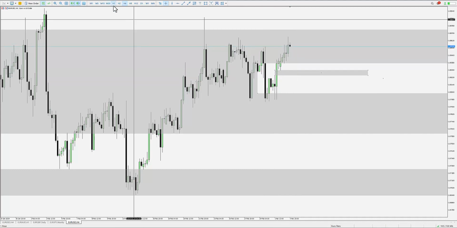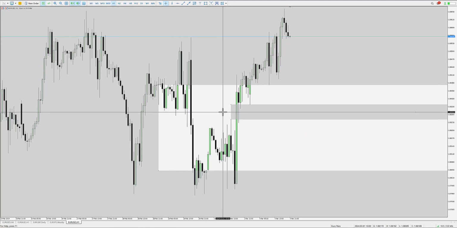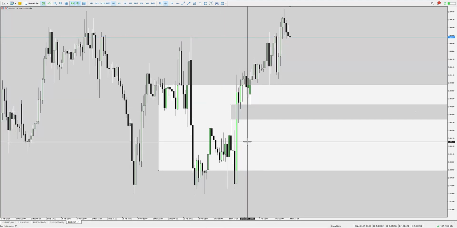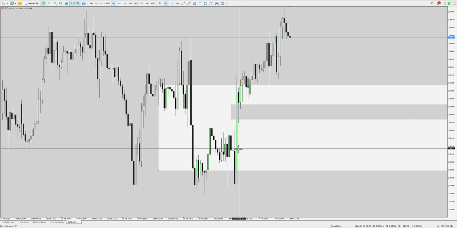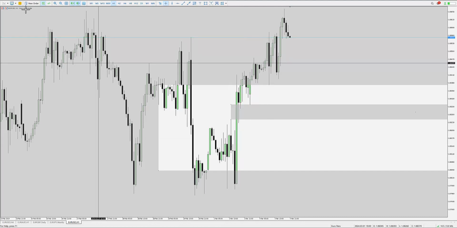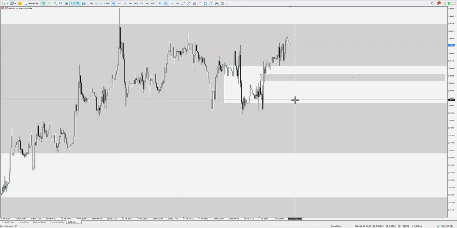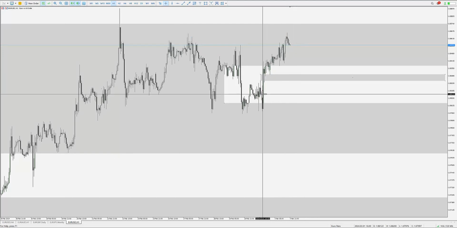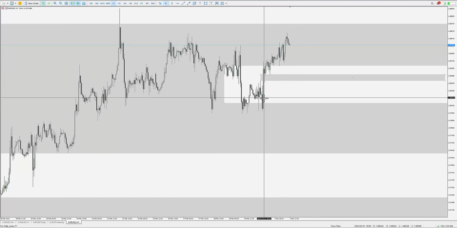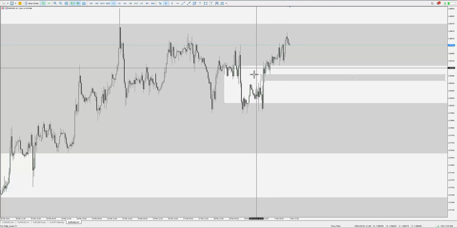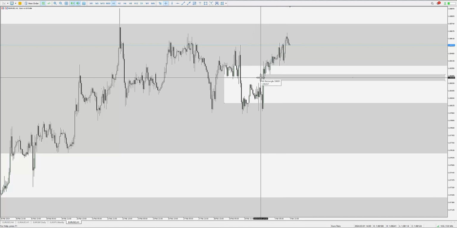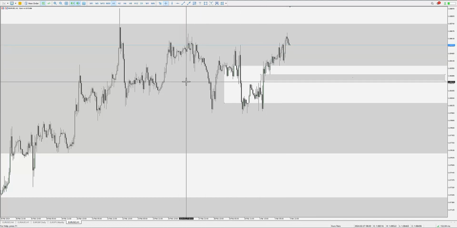You can go as low as H1, but there's going to be too much noise. You use the H1 when the market is volatile. Say for instance, when Powell is speaking, price can move all the way to this level, and you can see you've got your H1 bullish order block, inside the H4 fair value gap, inside the weekly bullish order block.